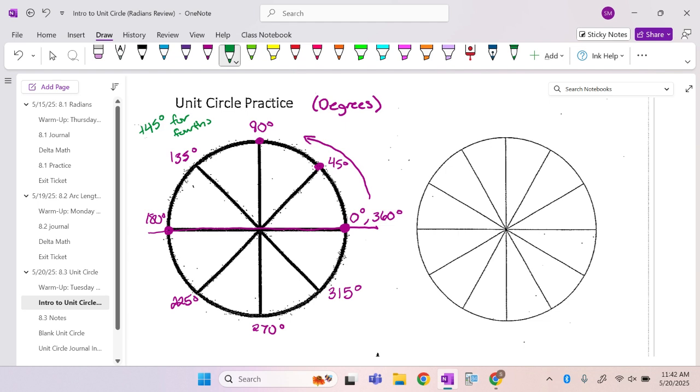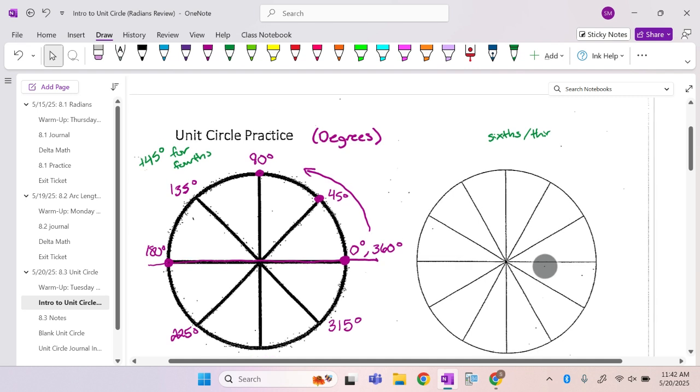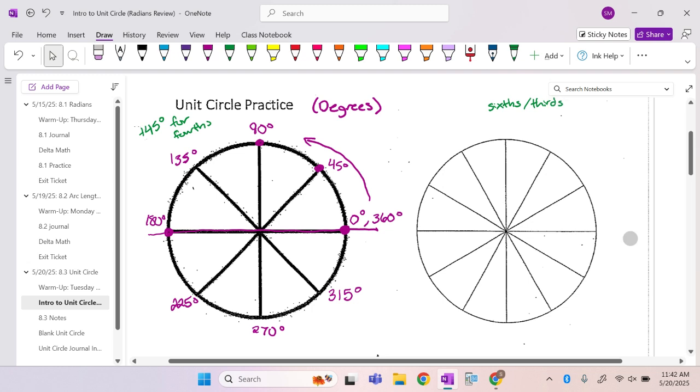Now we're going to look at it in terms of sixths and thirds. So this one right here is sixths, or thirds, because remember, the 6 can simplify down to thirds. All right. So we're going to start in the exact same spot.